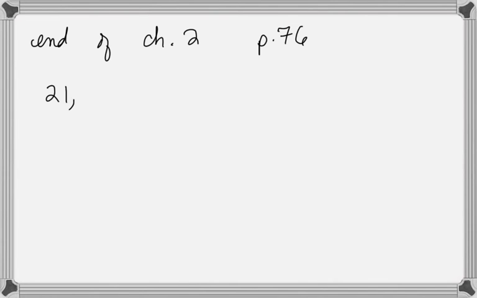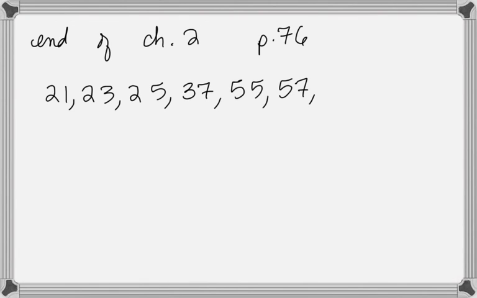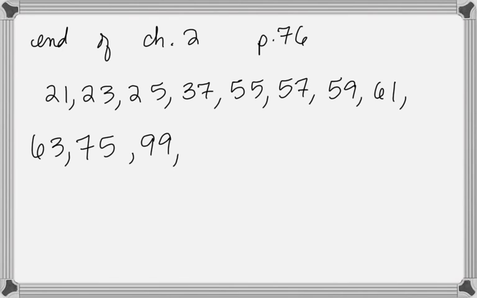They are numbers 21, 23, 25, 37, 55, 57, 59, 61, 63, 75, 99, 117. Again, they're all odd numbers, so the answers are in the book.